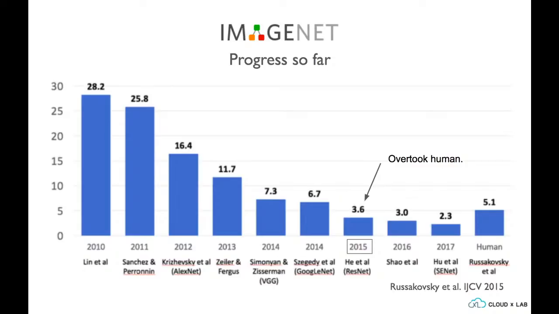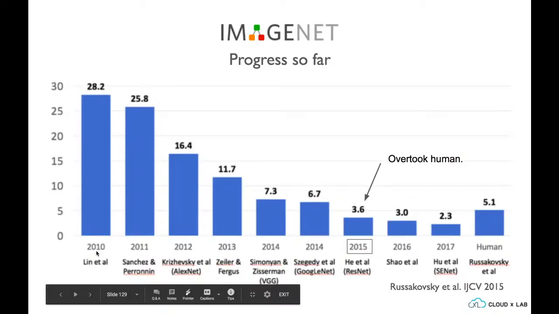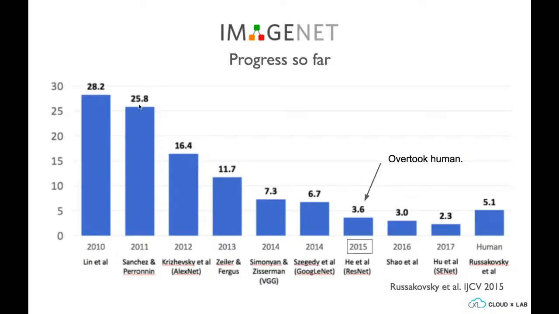So this is the error rate we are talking about. The error rate in 2010 was 28%. Humans' error rate is 5, while initially the error rate was high in 2010. As we went ahead in this competition, the winner of the competition in 2011 was somebody whose program was giving this much error.